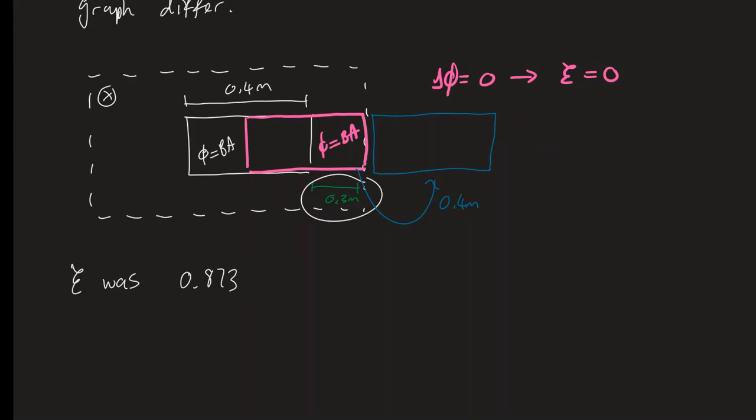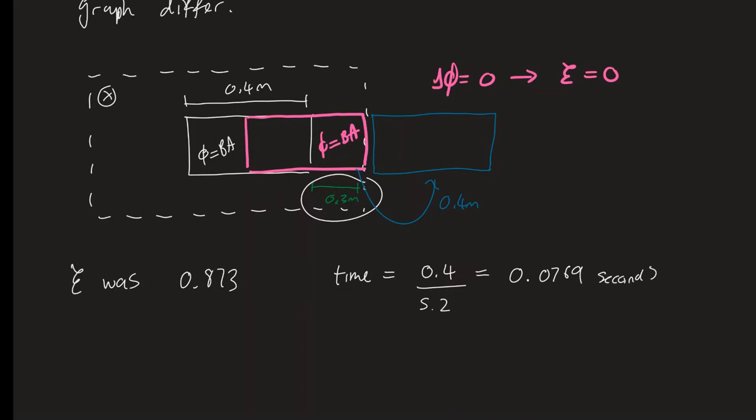Let's actually calculate that. So the time, which we need for Faraday's law, is the distance, 0.4, divided by the speed at which we cover that distance. That is a time of 0.0769 seconds.